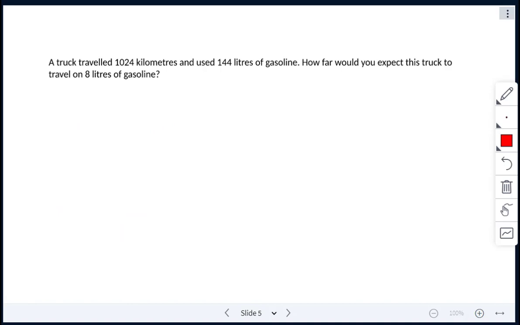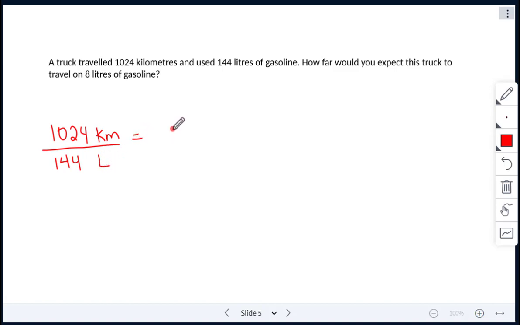So next example, a truck traveled 1,024 kilometers and used 144 liters of gasoline. How far would you expect this truck to travel on 8 liters of gasoline? Right, so let's set up a ratio. So 1,024 kilometers, and it took 144 liters.